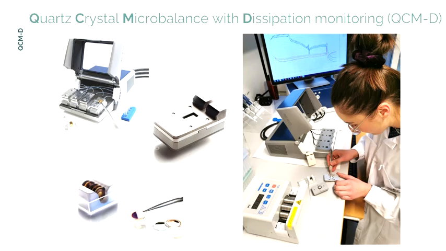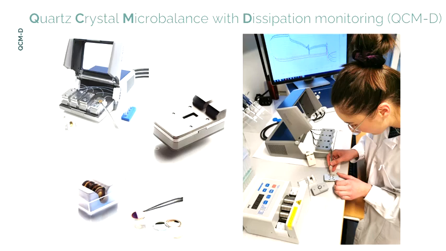Here you can see me in the lab working with that method. It seems to be very complicated, and I don't know all the physics behind the QCMD, but I can briefly show you that we work with these quartz sensors. They are coated with titanium, so they imitate the smooth surface of the implant.